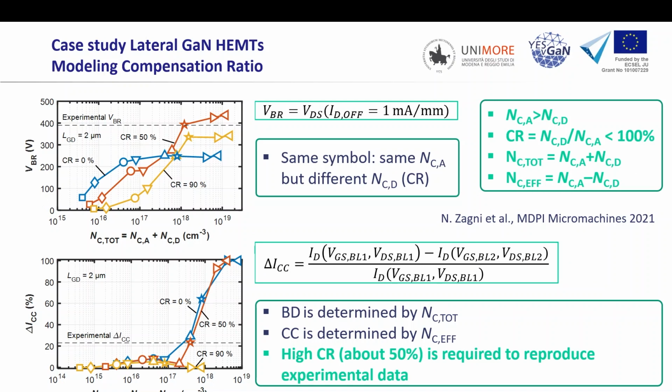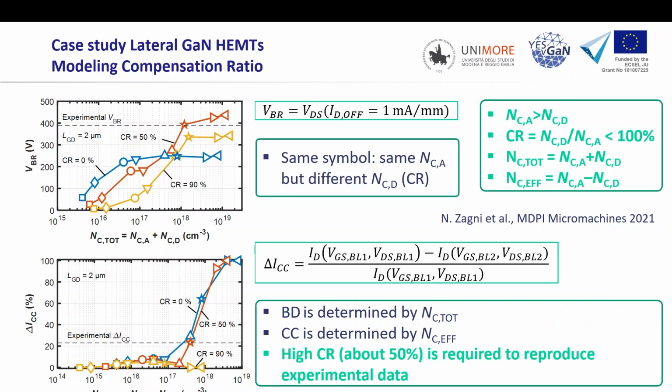You can see here the dependence on different compensation ratios. What we did was to fix the acceptor concentration, then vary the donor concentration to vary the compensation ratio for these three curves. Instead of one curve, you would change both to keep the compensation ratio fixed.